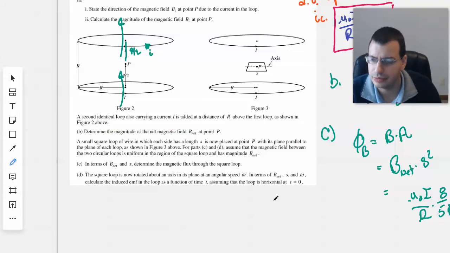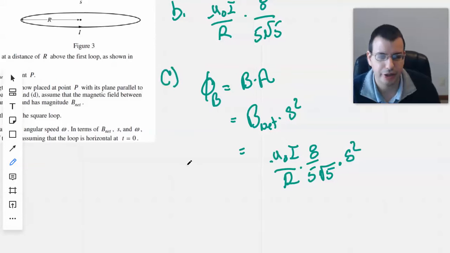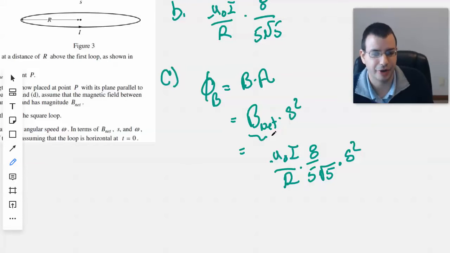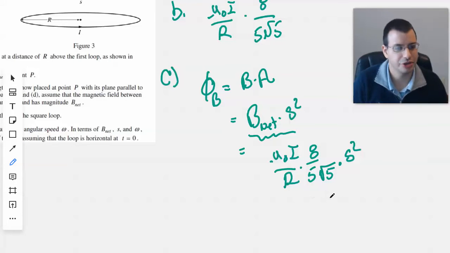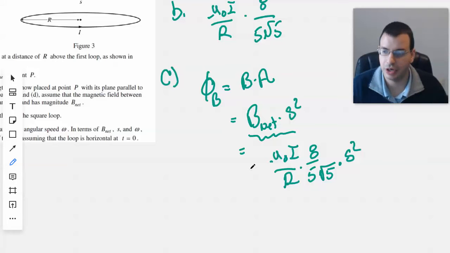Oh, wait a sec. So B net times S squared is actually the answer they're looking for. Us doing that extra step and making their life easier was totally unnecessary, maybe even wrong.